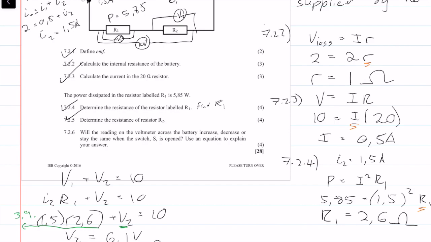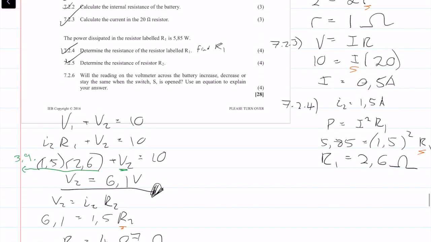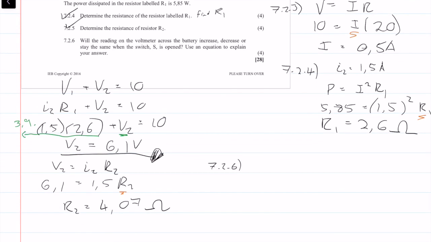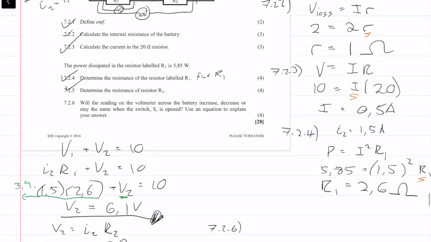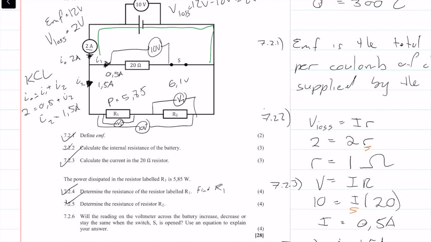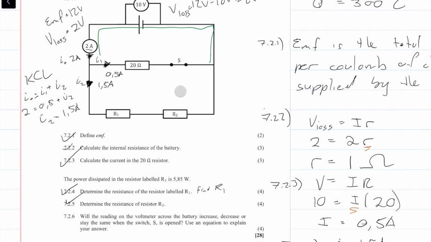Okay, then we move on to 7.2.6. Question 7.2 says, will the reading of the voltmeter across the battery increase, decrease, or stay the same when S is open? Use equations to explain. So when S is open, let's clean this up and get rid of stuff that I don't think is important.